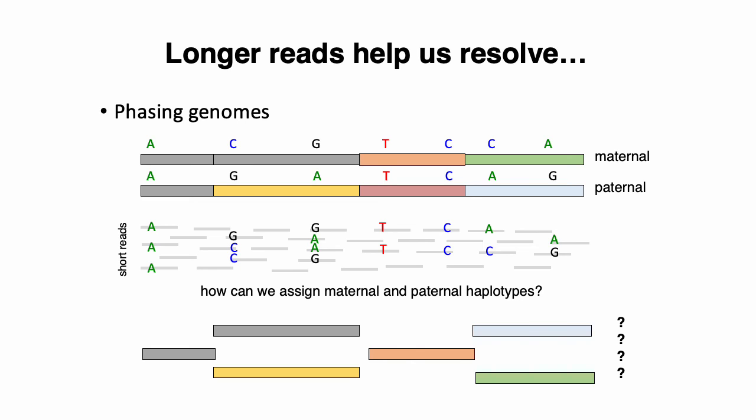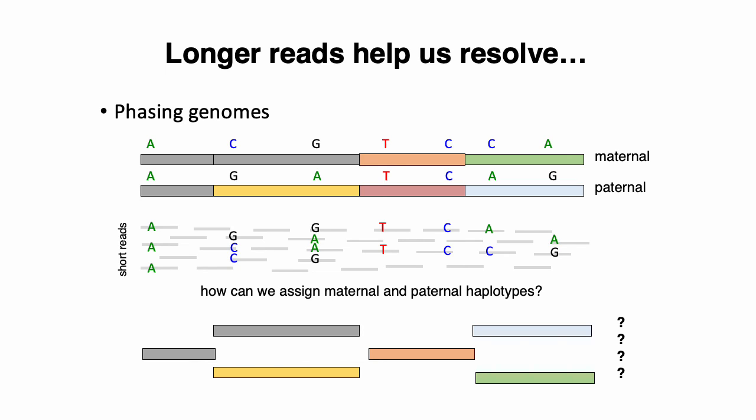What that means is you want to determine which variants sit on the same chromosome within a given individual. Haplotype phasing is very hard with short read sequencing, because if your reads are only a few hundred base pairs long, then the chances of sequencing two different SNPs on the same read is generally pretty unlikely.